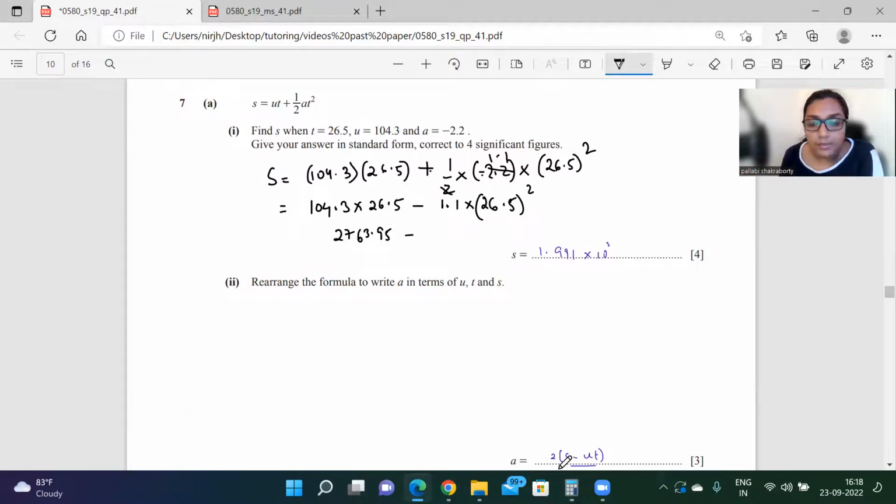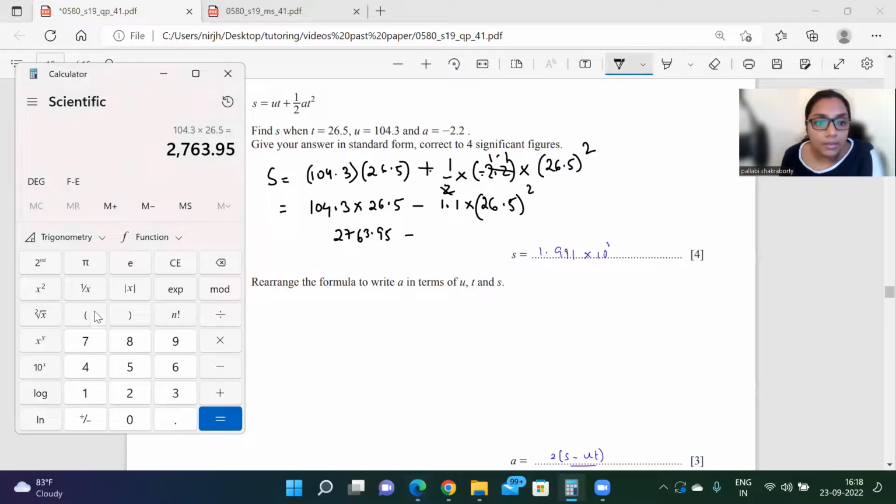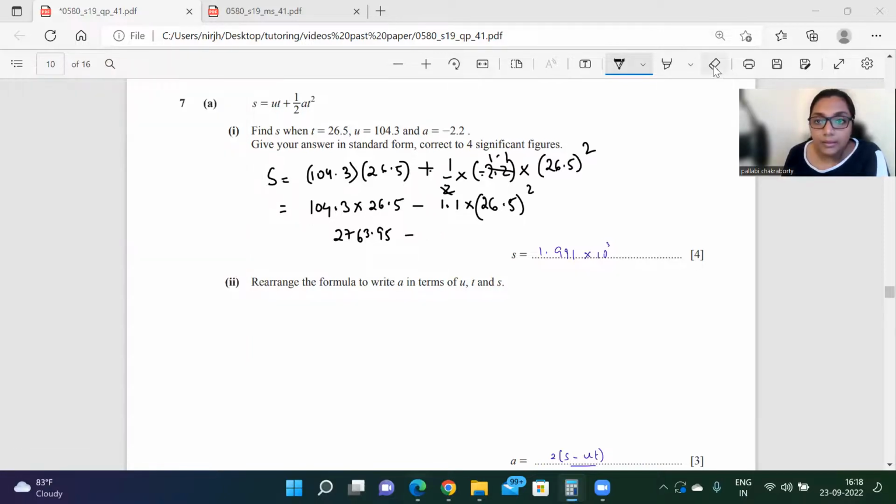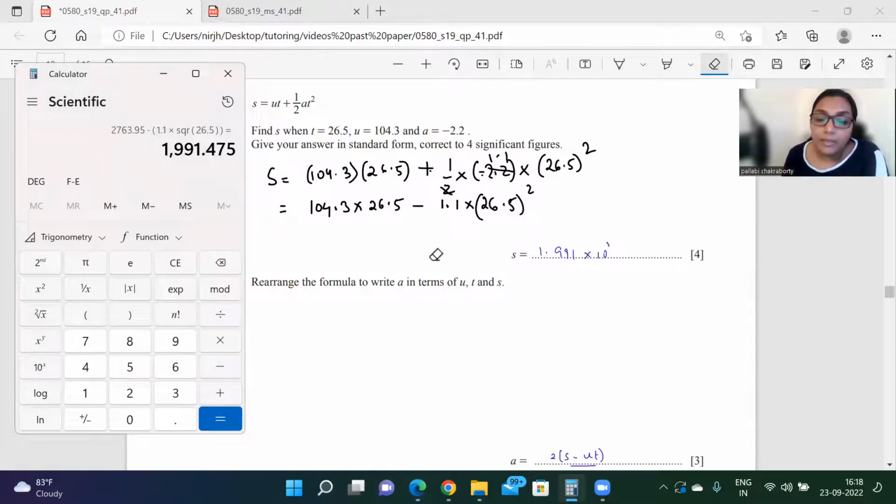And that has to be subtracted from 1.1 times 26.5 squared. So I hope you understood what I did here. The answer you can get directly from the calculator itself.